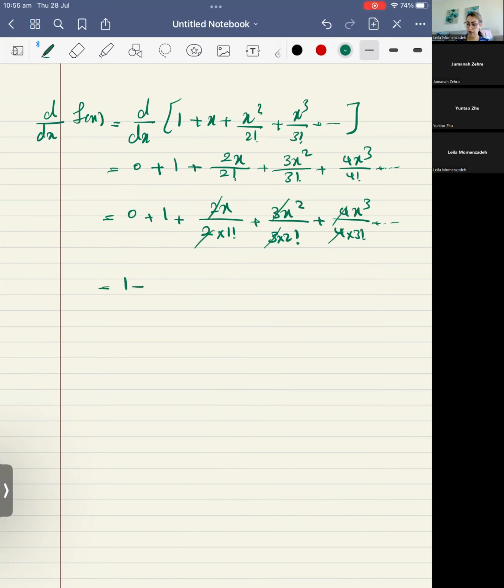Again, you have 1 plus x plus x squared over 2 factorial plus x cubed over 3 factorial.